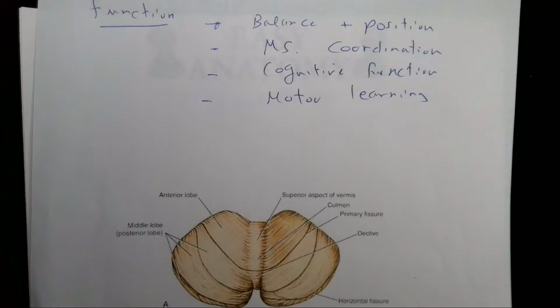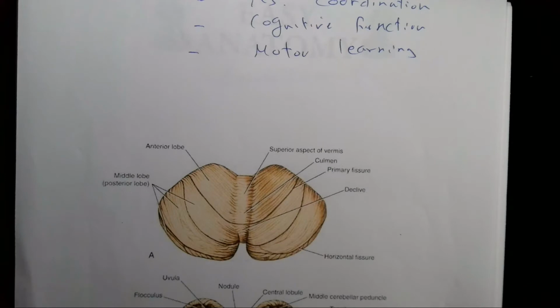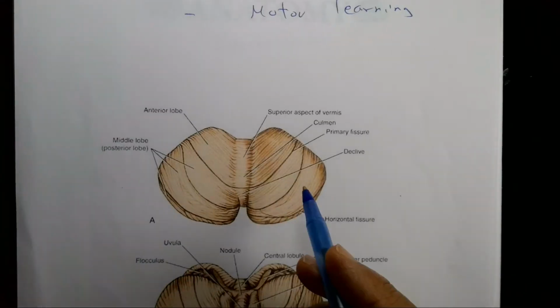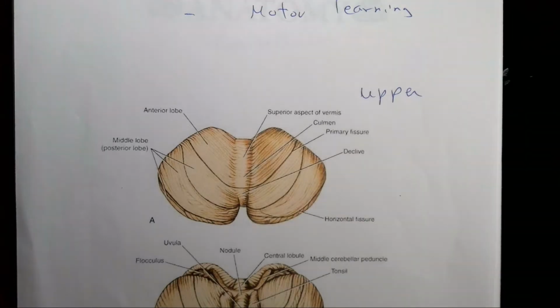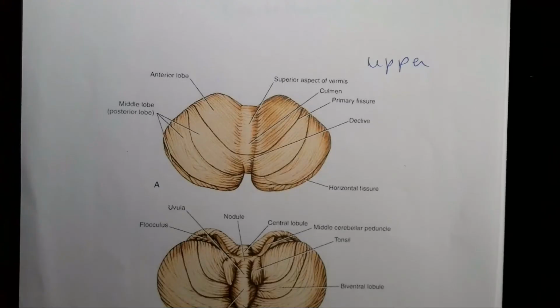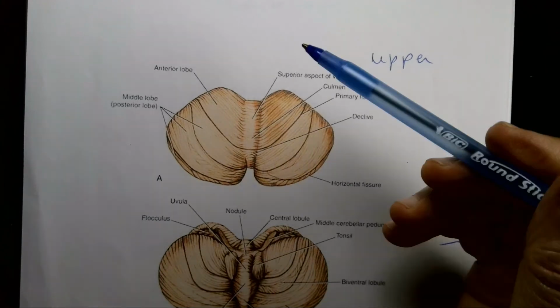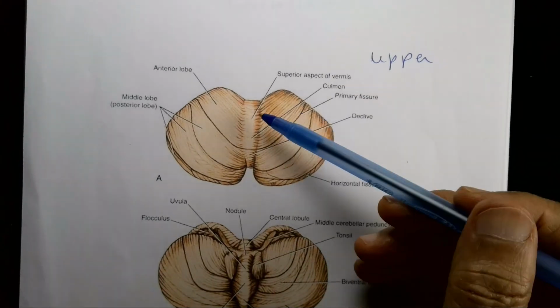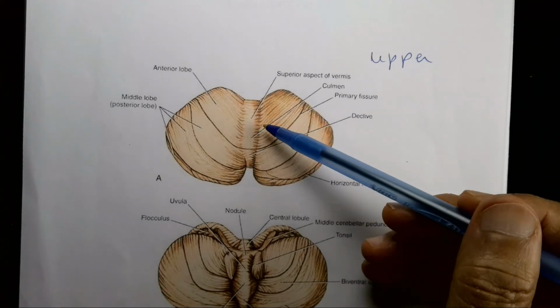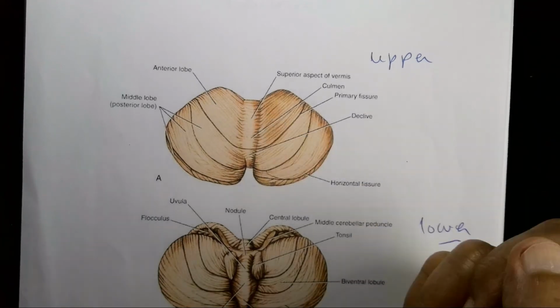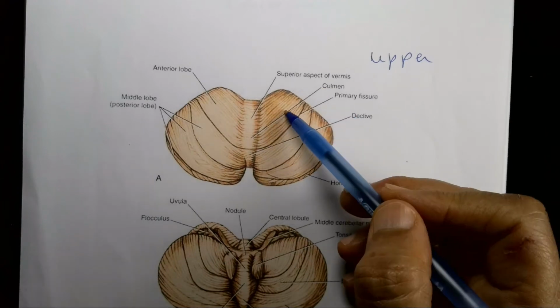If you look here at this picture, you will see that the cerebellum has an upper surface and a lower surface. On the upper surface, you will see the superior aspect of the vermis smoothly continuing with the lateral part of the cerebellum.